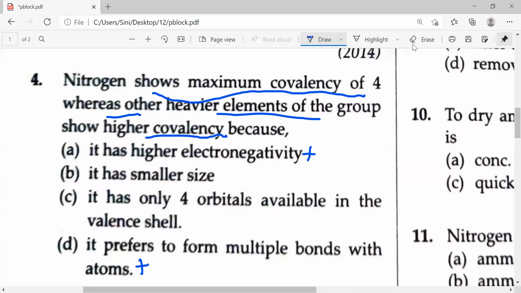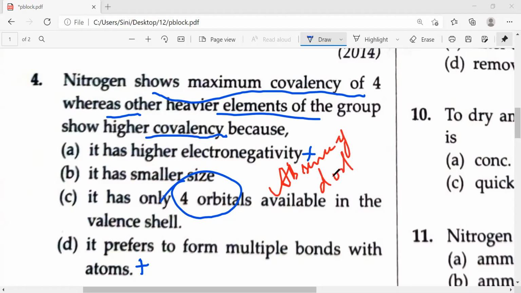Option C, it has only 4 orbitals available in the valence shell. Why is it restricted to 4 orbitals? That we have to know: because of the absence of d orbitals.